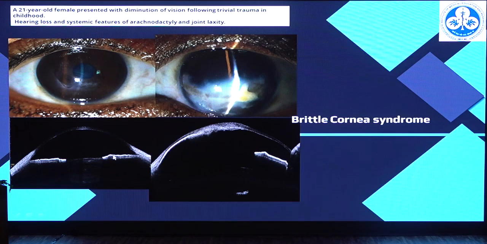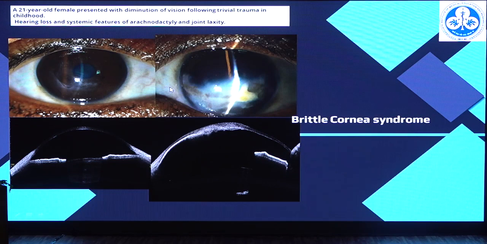On doing an OCT, you can see there is diffuse thinning of the cornea from the periphery to the center, along with a very deep anterior chamber. She had a bluish discoloration, not very well visible in this picture. Systemically, she had arachnodactyly, joint laxity, and slightly dolichocephaly also.